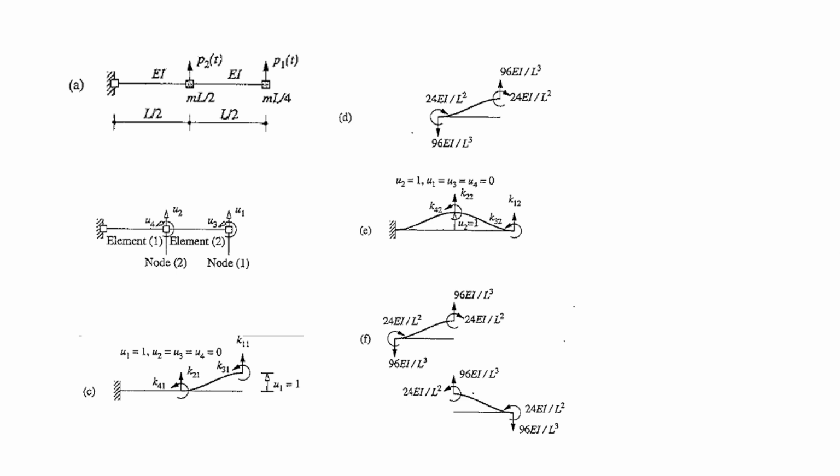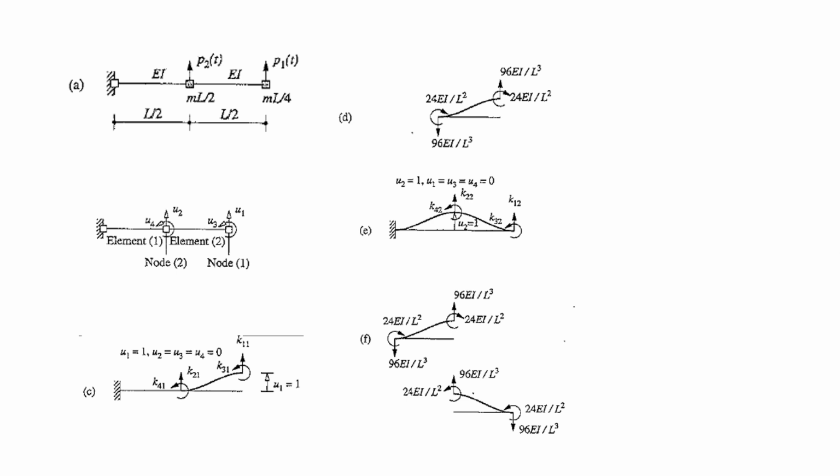The two sets of forces that we are obtaining are shown here in these figures, and we can see that K12 here is minus 96 EI by L cube. These are the values, and K32 is 24 EI by L square.